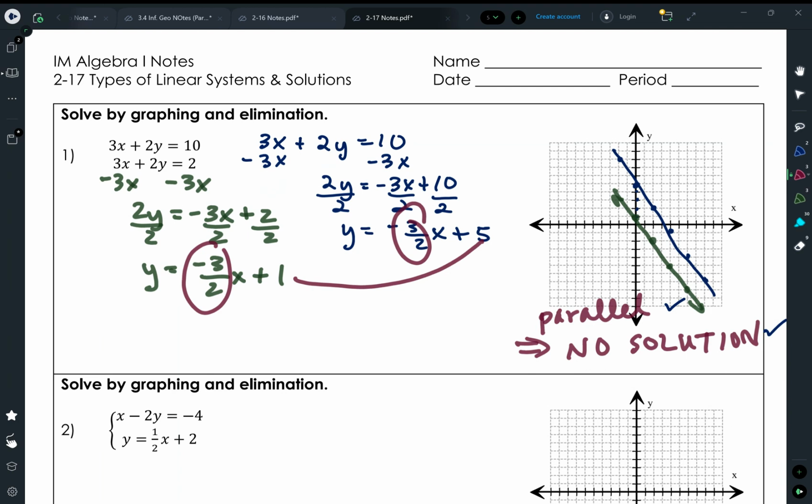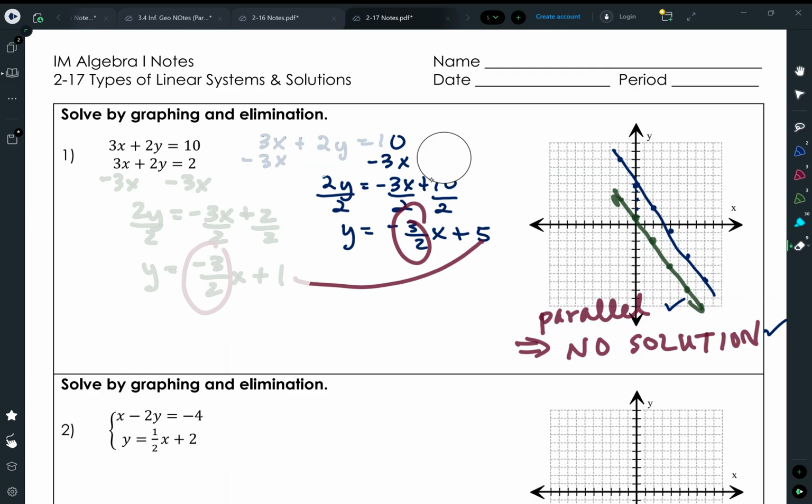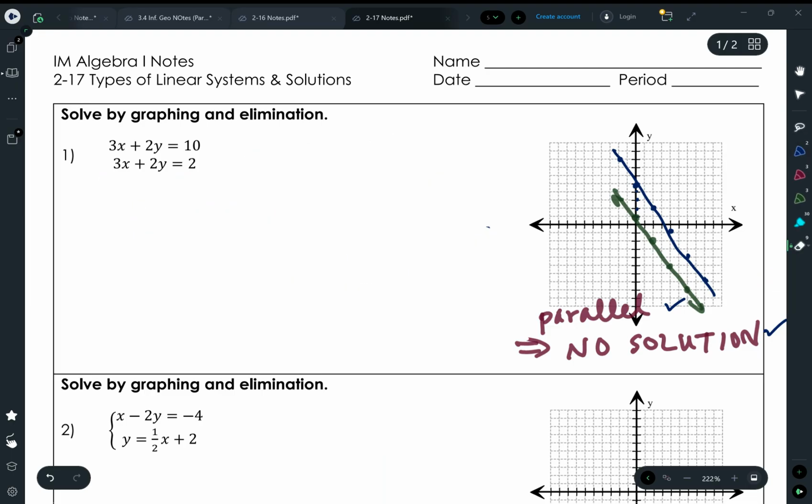So we want to take one more step here, and we also want to try solving with elimination. That's going to mean erasing a bunch of this algebra work that I already have. So let's go ahead and do this. If I am solving with elimination, I would want to multiply one of my equations by a negative 1, because I already have a positive 3x.